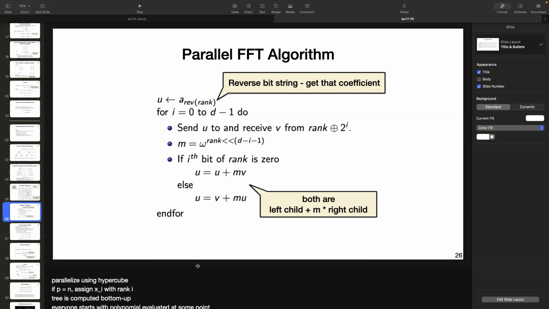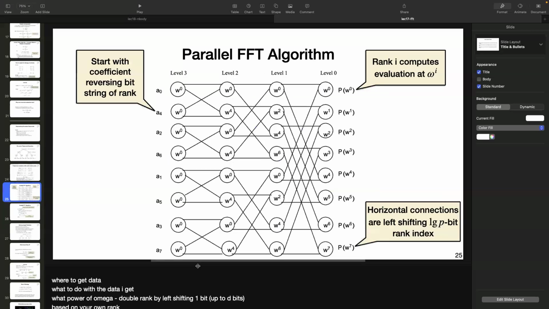Reversing the bit string is just flipping it. If it was 0, 0, 1, for example, the reverse is 1, 0, 0. Why does it help you get the coefficient? If you look at this, it's 0, 0, 0, 0, 0, 1, 0, 1, 0, 0, 1, 1, and so on.